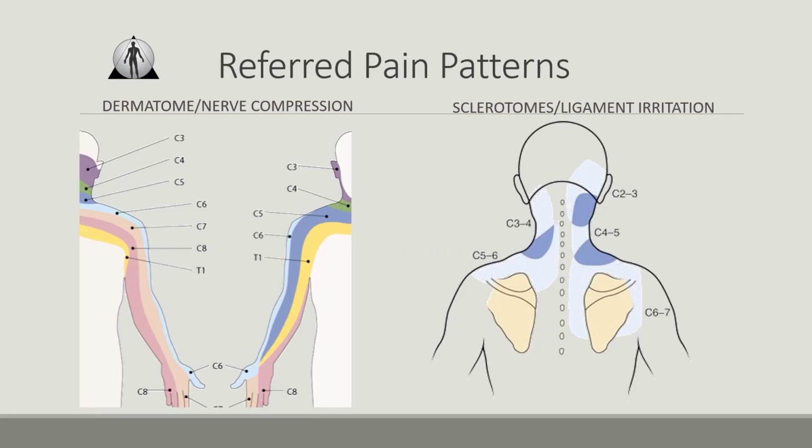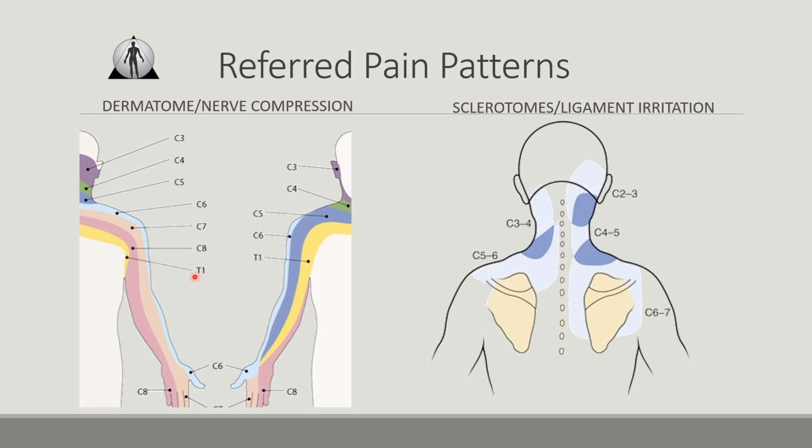The first two referred pain patterns we're going to talk about are the dermatomal, or nerve compression, and the sclerotomal, or ligament compression, because they can mimic each other. For any of you listening who have had nerve compression or herniated discs, you know what this is all about. This is called a dermatomal pain scale, and you can see that it relates to different spinal segments, C3, 4, 5, 6, 7, all the way down to T1.